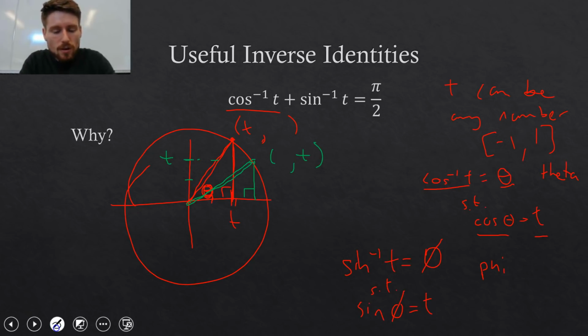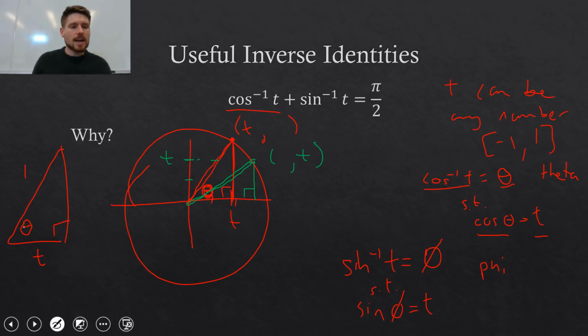I want you to notice that these two triangles are in fact the same triangle. I'm going to blow them up a little bit bigger so it's easier. This red triangle, whose side lengths are t, 1, and theta, is the same triangle as the green triangle. They're just tilted around.